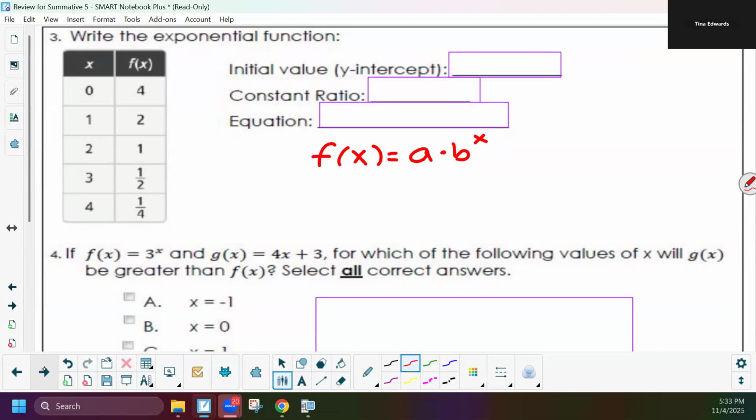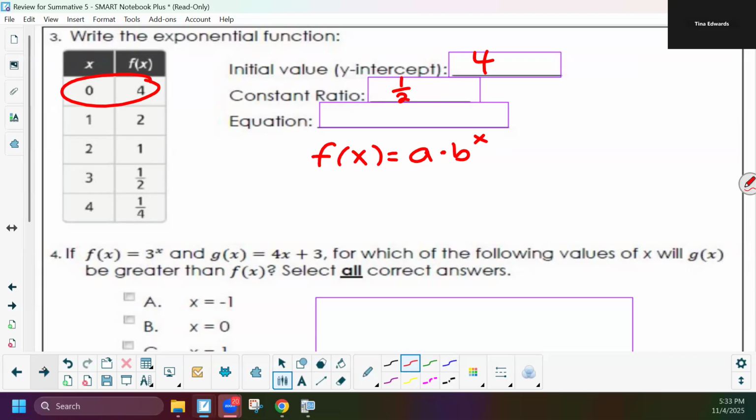All right, so looking at the table, my initial value or my y-intercept is 0, 4. So my y-intercept, I'm just going to put 4 down. My constant ratio or my common ratio, what's happening every single time? Well, it looks like it's decreasing by 2, which means I'm multiplying by 1/2.